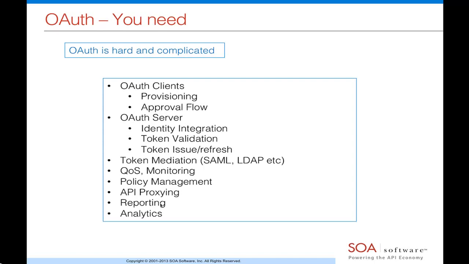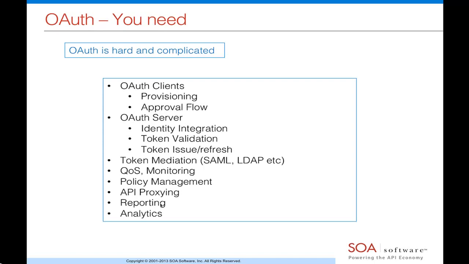For the clients, you need to provision access to OAuth. You need to have an approval flow, which is the kind of flow that we just saw for Hootsuite and Twitter, and define the authorization scopes. In the last case that you saw, the authorization scopes were not configurable. In some cases, you want those to be configurable by the user themselves.